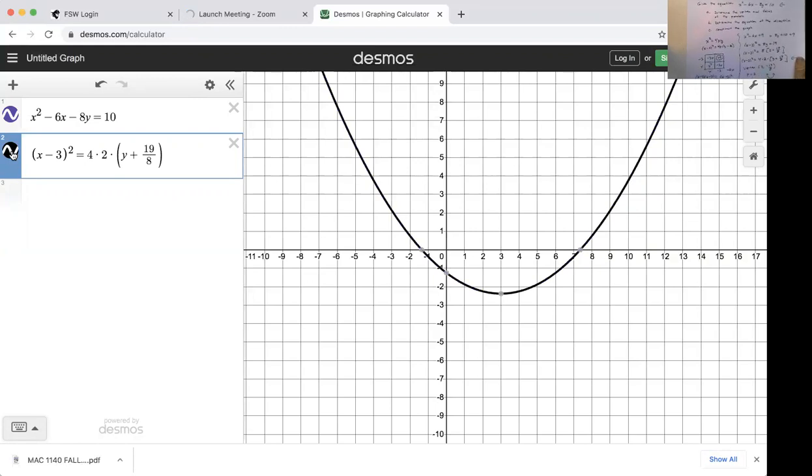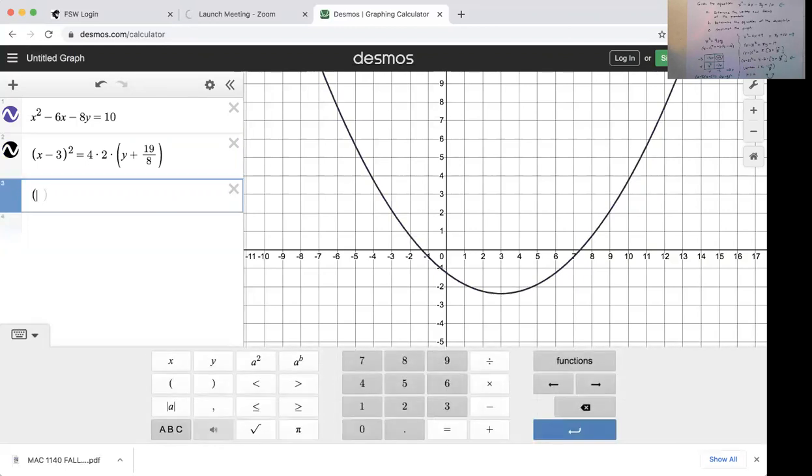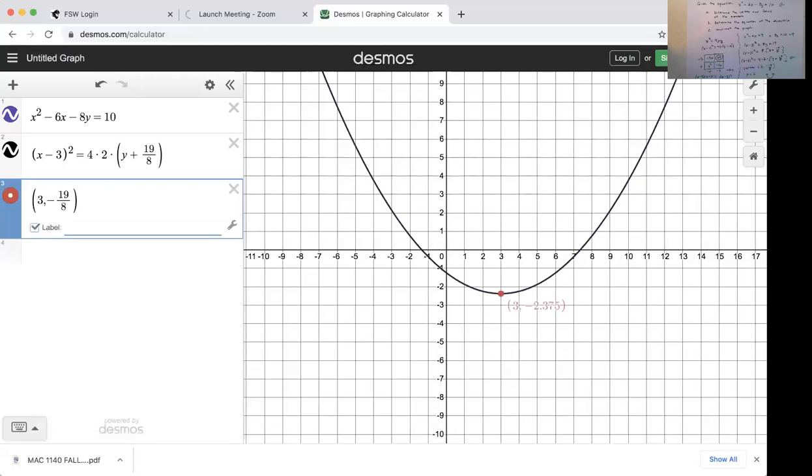So where does that leave us? We said our vertex is (3, negative 19/8). That's our vertex, and we had a p of 2.